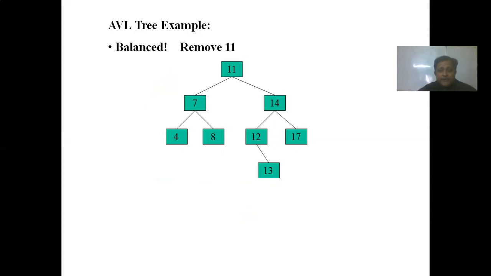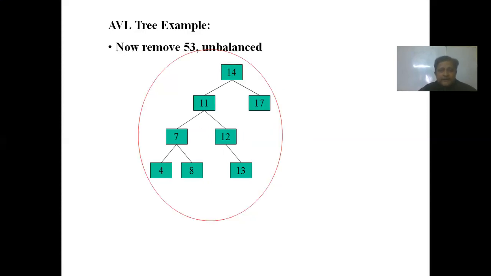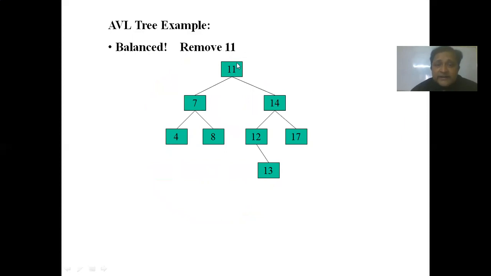11 is a root. In the previous step, we made 11 the root node when 14 was causing imbalance. But whenever the root node is to be deleted, the rule is we have to make the highest valued node in the left subtree the parent node.